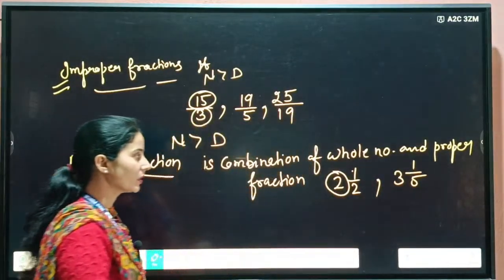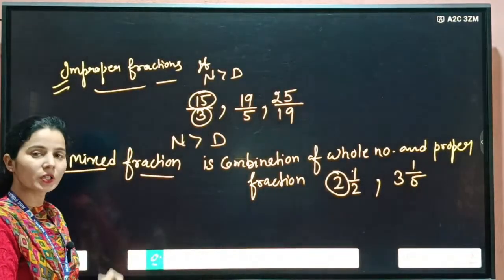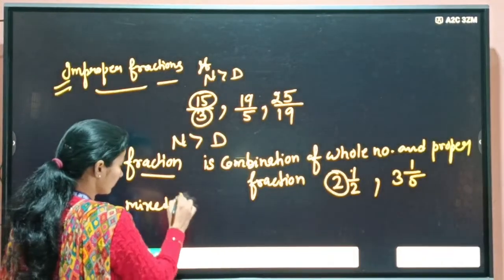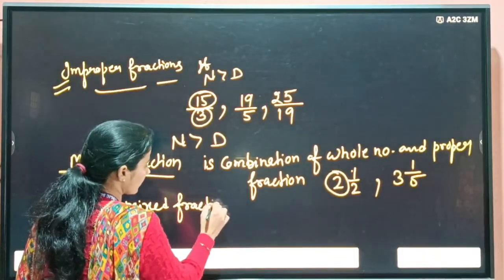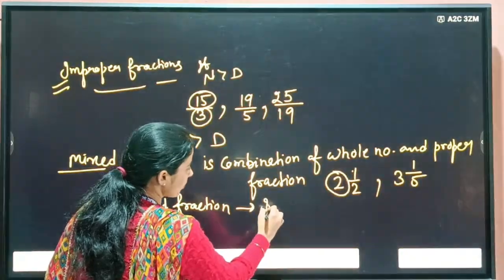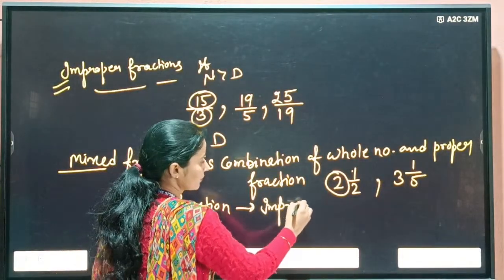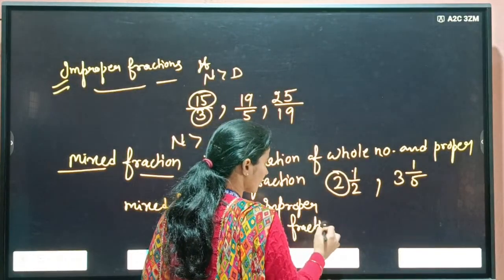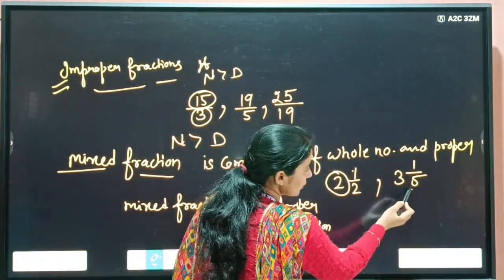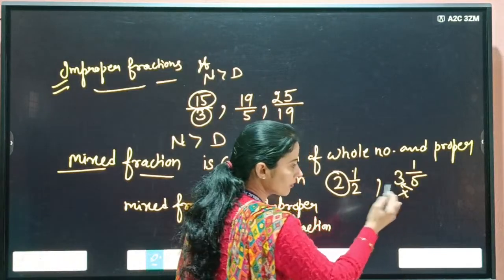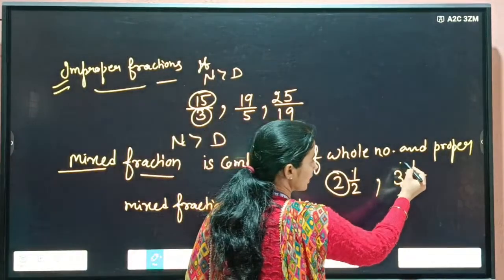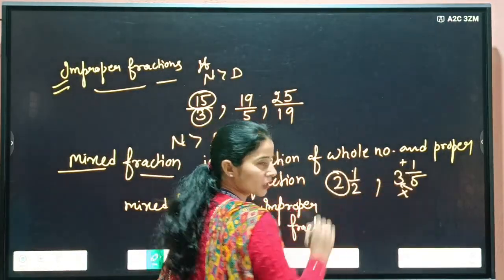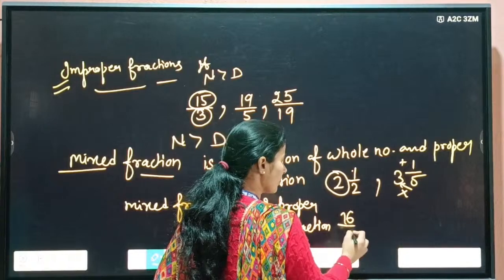Now we can convert these mixed fractions into improper fractions. How will we convert into an improper fraction? See, this 5 you have to multiply with 3. 3 fives are 15. Then in that product you will add 1. 15 plus 1, 16 by 5.